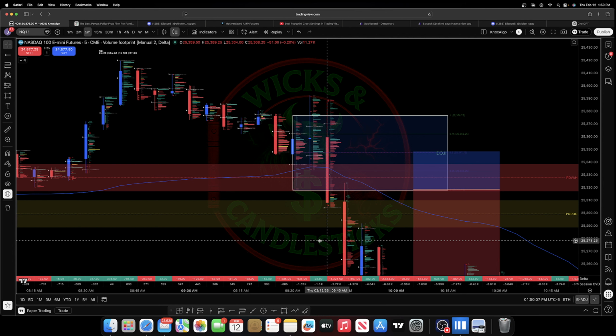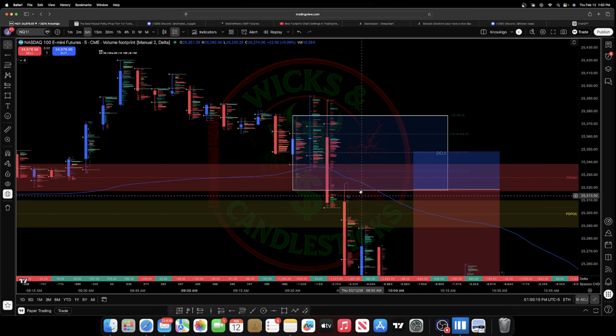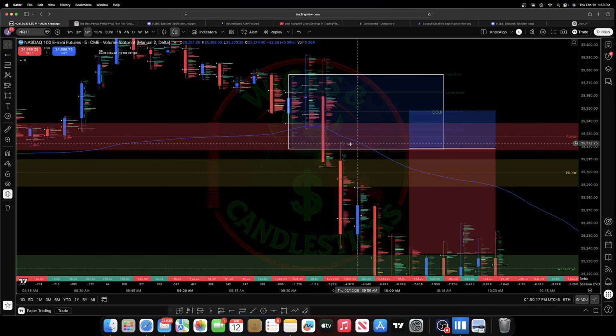So how I look now, I look at this close here. It closed outside of my doji. Now what about the retest, if I wanted to use the retest of the doji? But like I said, that's just something that I use for confluence.